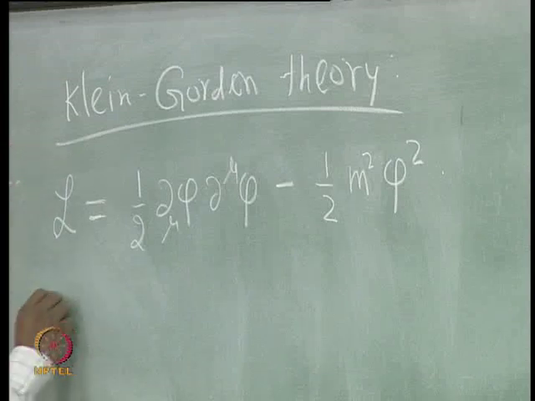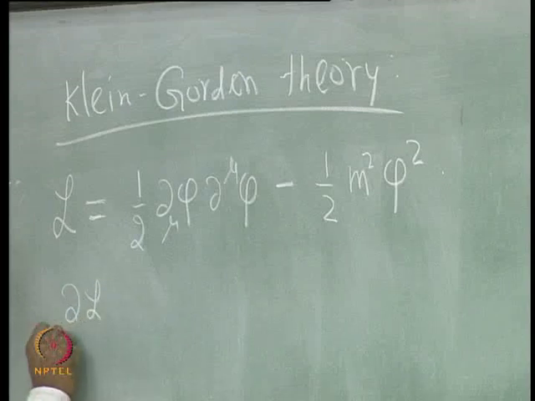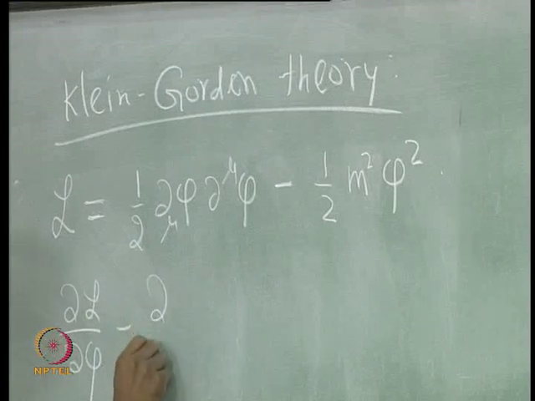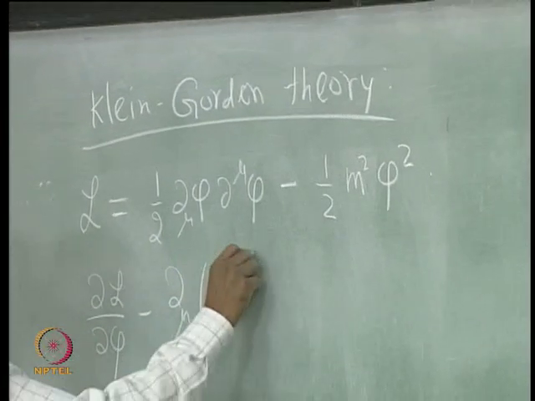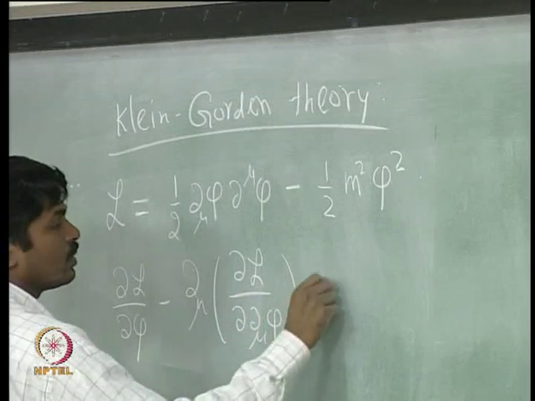So, let us look at the equation of motion. The Euler-Lagrange equation is del L over del phi minus del mu of del L over del of del mu phi is equal to 0.